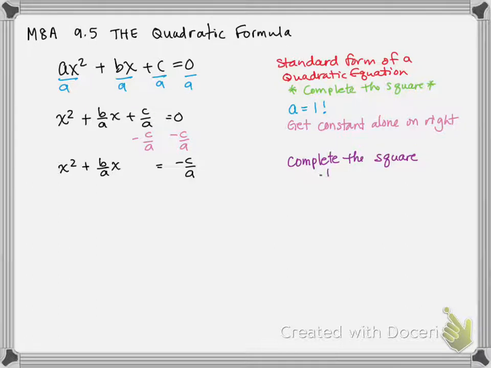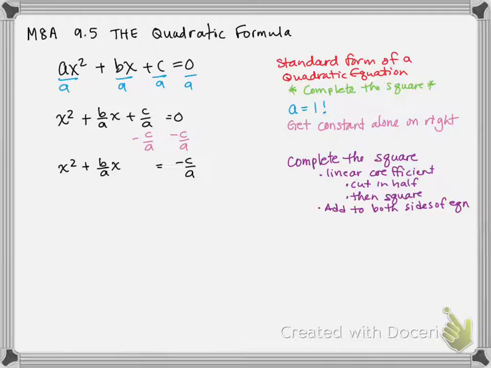So I'm just going to write linear coefficient cut in half, then square. Okay, so we got that piece, and then you would add to both sides of the equation.